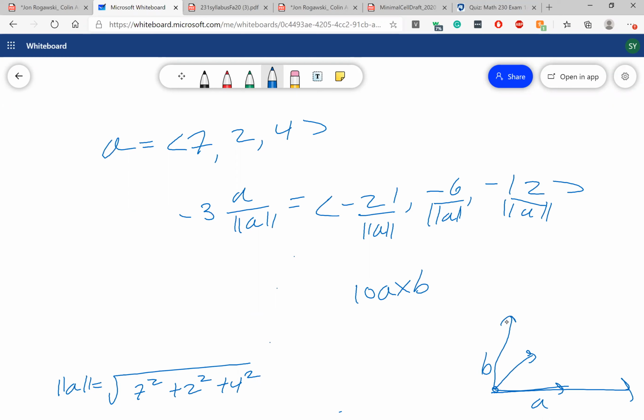Let's say this is the cross product A cross B. Then 10A cross B would look something like that. But it's still orthogonal to A. So it's 90 degrees.